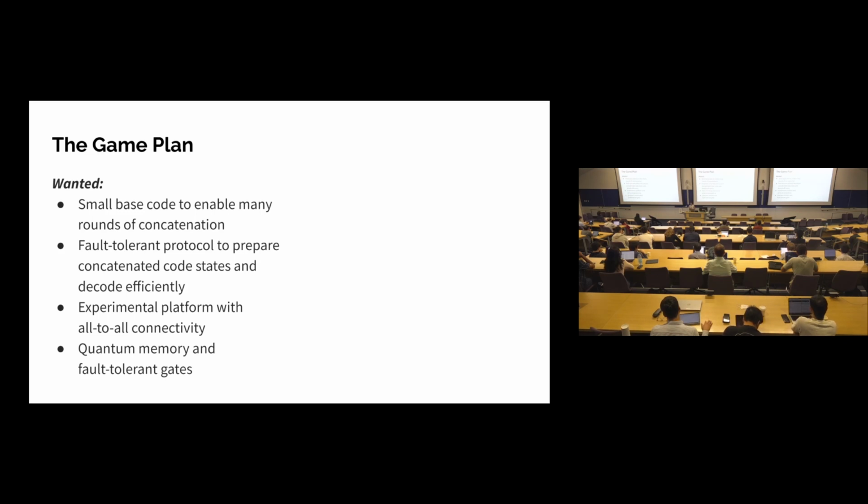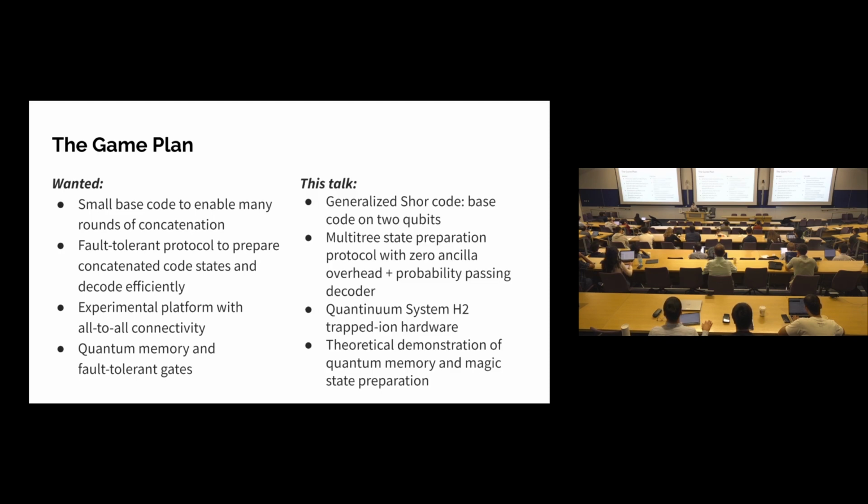And ideally, we'd want an experimental platform that has all-to-all connectivity and mid-circuit measurement so that we can implement these non-local interactions in this growing tree. And we would also like to show not just state preparation, but also a quantum memory and the ability to do logical gates. And in this work, we basically knocked off these items on this checklist.